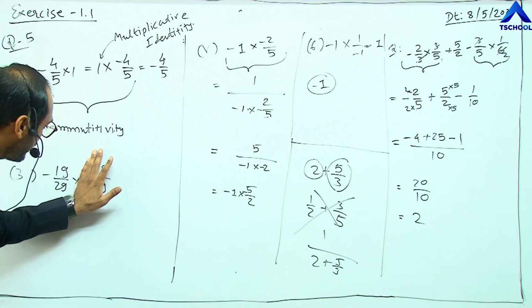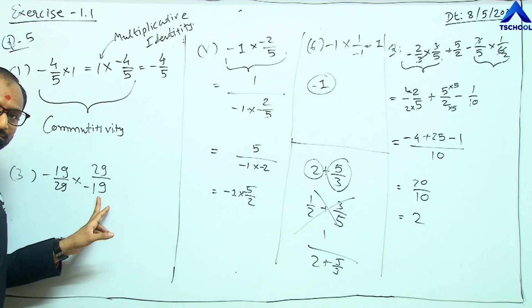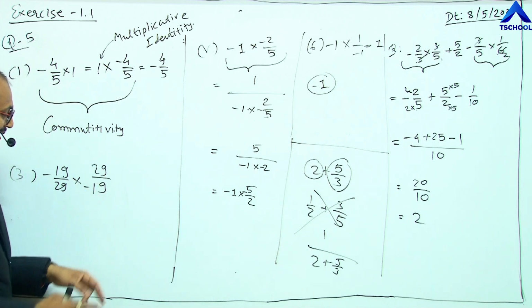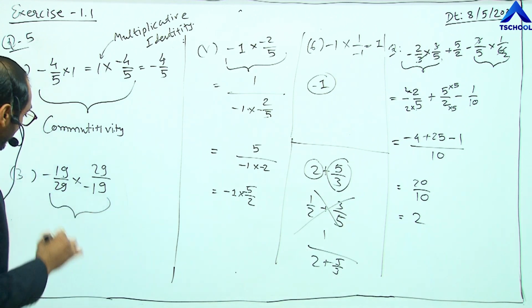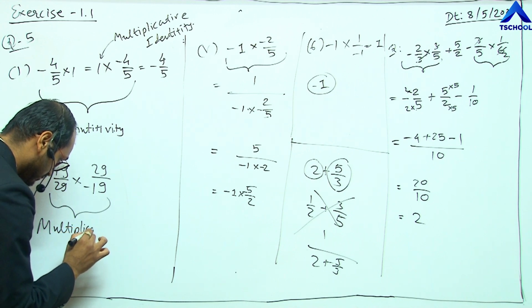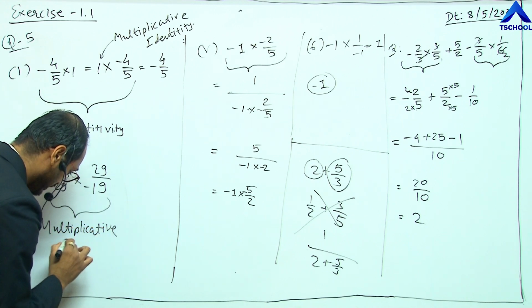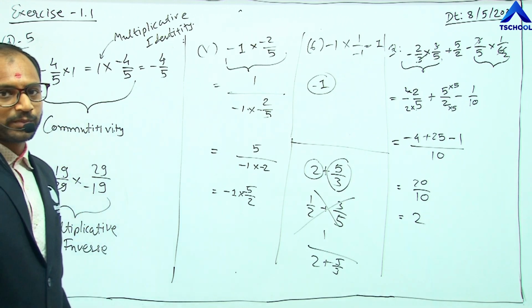Yes, the reciprocal of this number is 29 by 19. So we are using the reciprocal property, or multiplicative inverse. Multiplicative inverse property is used.